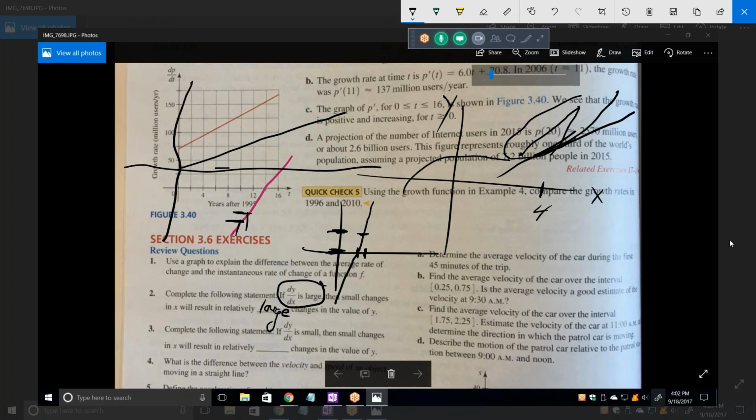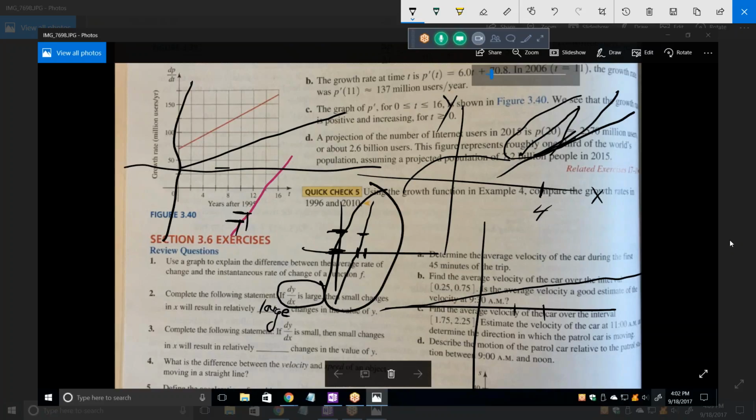Now, let's look at a situation where we have a small slope, like that. And they say, well, if dy/dx, the slope of that line, is small, which I've drawn a small slope, that's a slope less than 1, whereas this slope here is greater than 1.